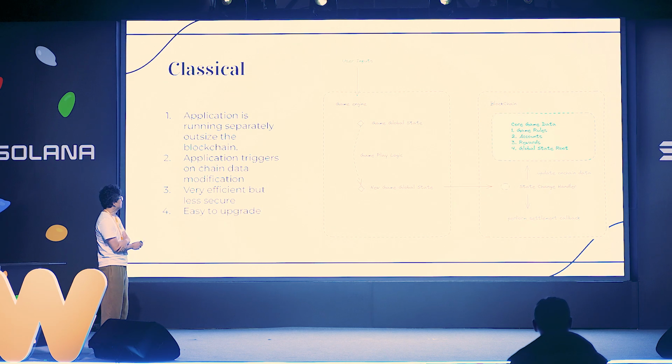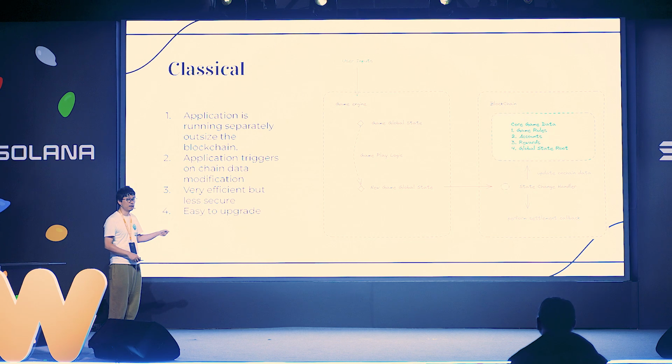On the left-hand side, we have a game engine that mutates the game global state. Every transaction a user sends to the game engine changes the global state according to the gameplay logic, right? And every time we generate a new gameplay state, we can synchronize that with the blockchain. That's called Web 2.5 state reporting on-chain.